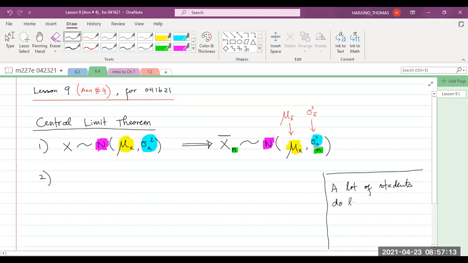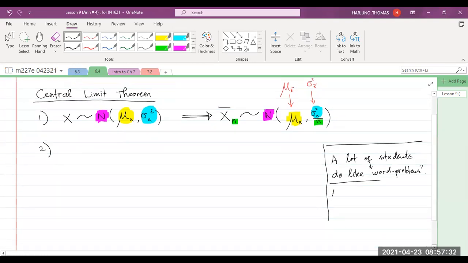A lot of students don't like word problems, and I agree with you, including me. Now, a lot of students don't like word problems is one thing. It is another thing when somebody says a lot of students don't understand Thomas's word problems, as if they blame it on me.